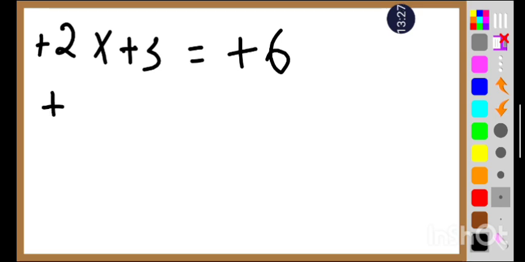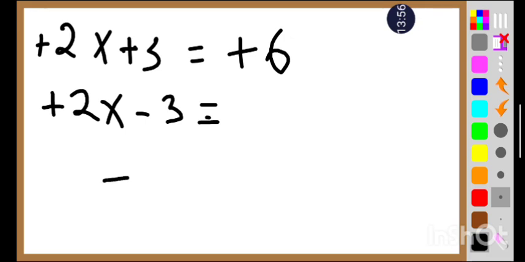Now, what if you have positive 2 times negative 3? We are looking at it as multiples. It means we have 2 groups of negative 3, if you are to count, right?